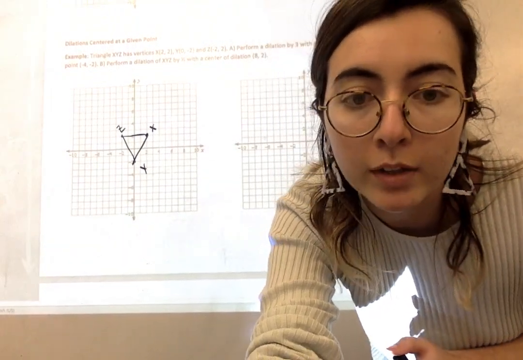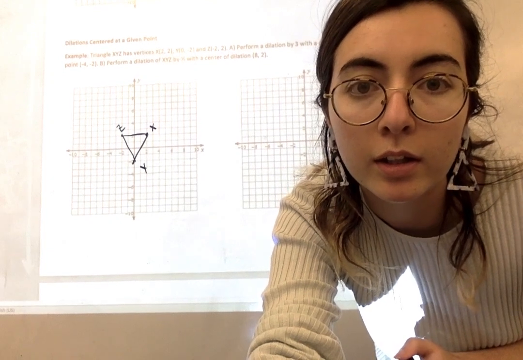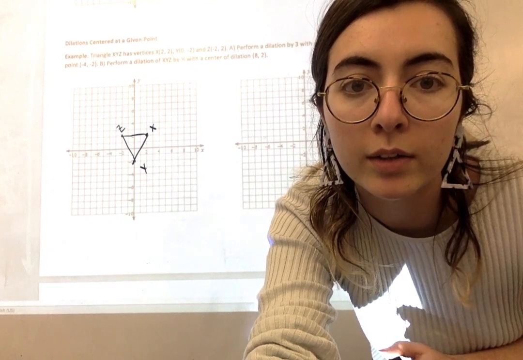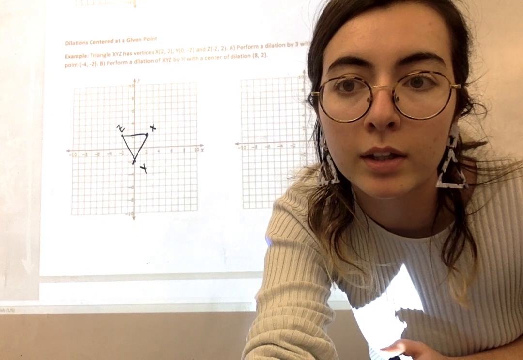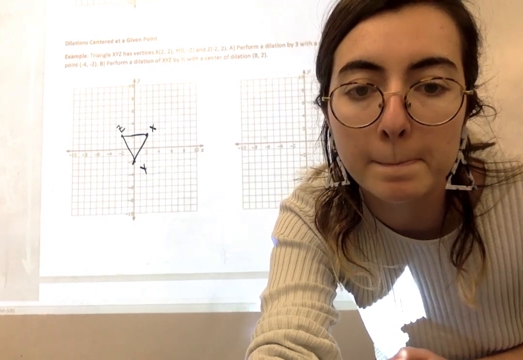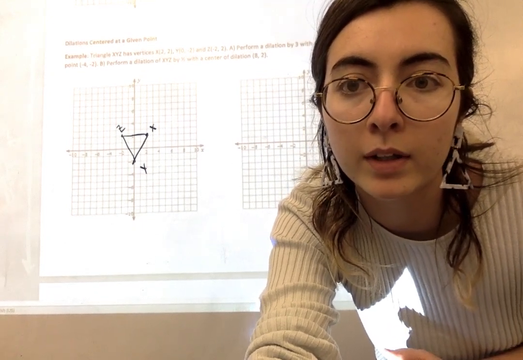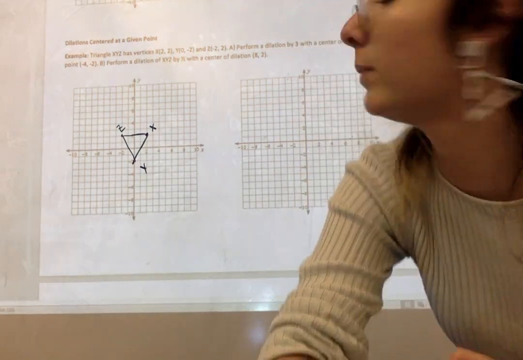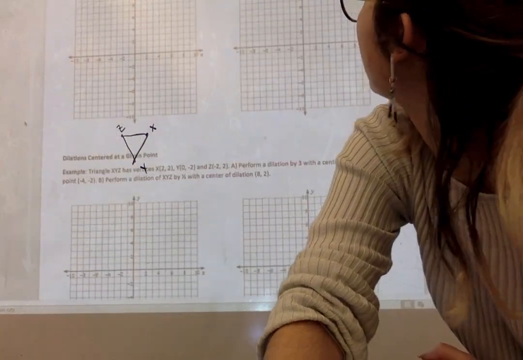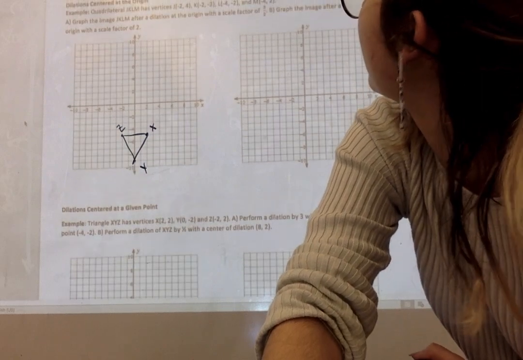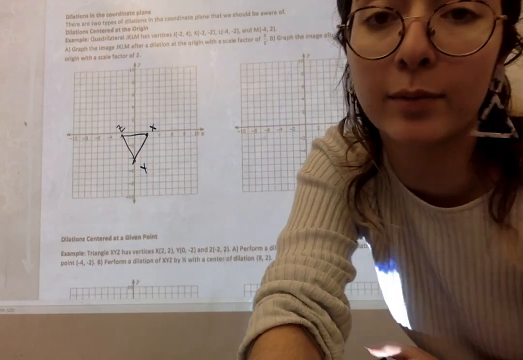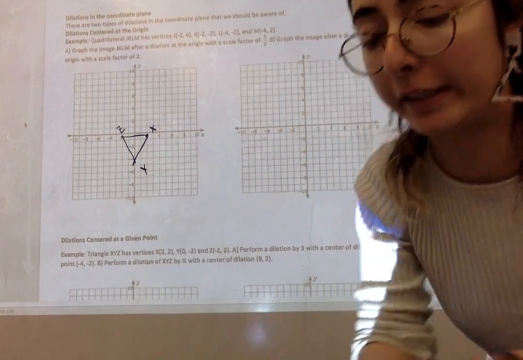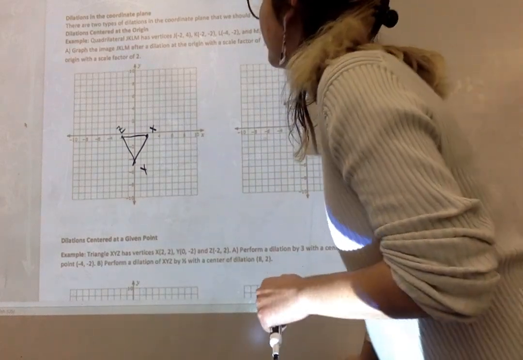Okay. Maybe I did. Whoops. Oh, I'm sorry. I did want the quadrilateral JKLM. I'm sorry. I misread my own little note here.